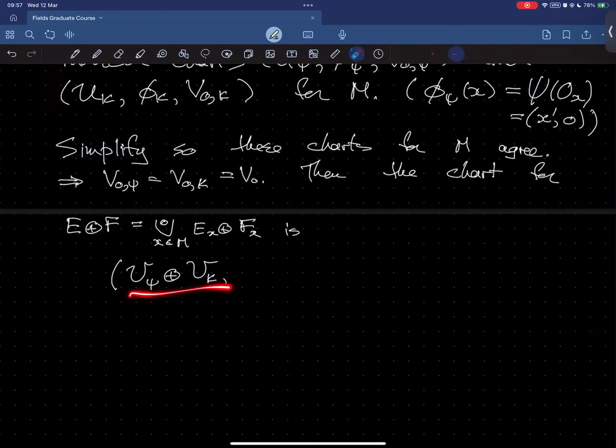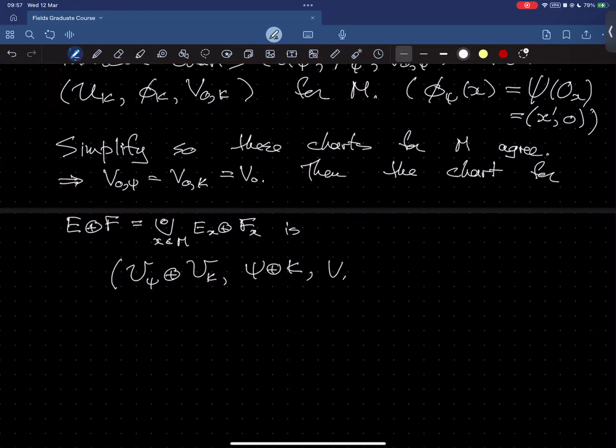I need to tell you what that means, and I will. Okay, and similarly, I need to tell you what this means, and I will. Okay, this one, I don't need to tell you what it means because everything's defined. Okay. So that's my chart.